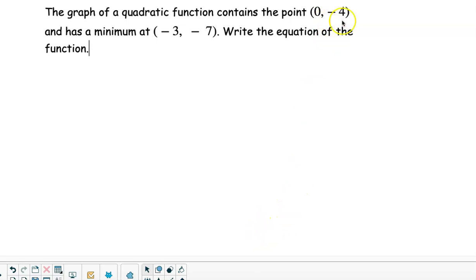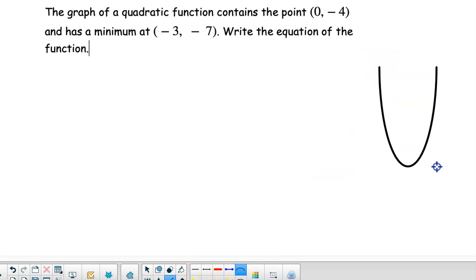That is telling me that when the x value is 0, the y is how much? Negative 4. So it is like your y-intercept, right? As x is equal to 0, you got this y-intercept, and the minimum point is at (-3, -7).